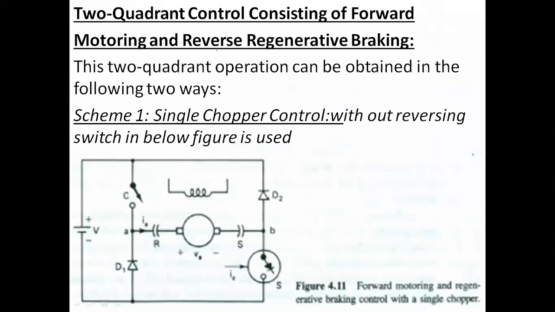After the problem, we have to go for quadrants. Two quadrant control consisting of forward motoring and reverse regenerative braking. So from this, two quadrant control consisting of forward motoring. Here also we are going to the class B chopper.